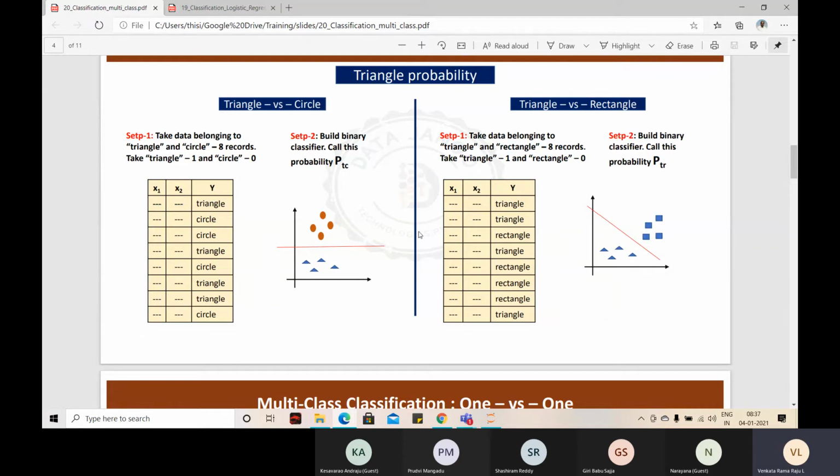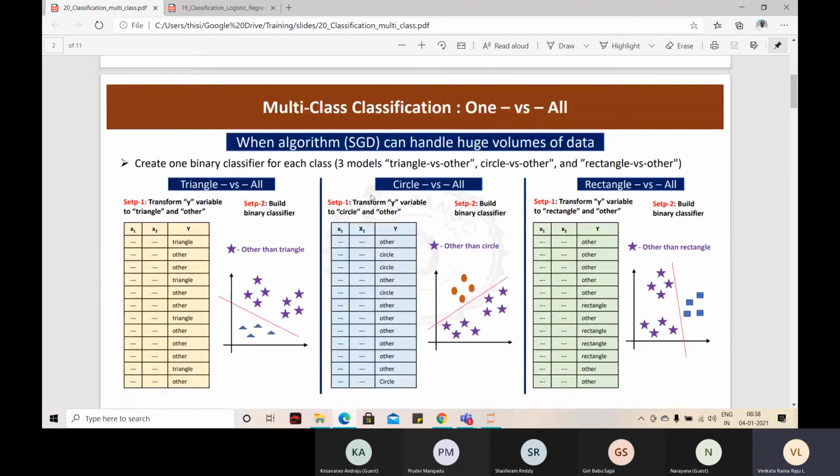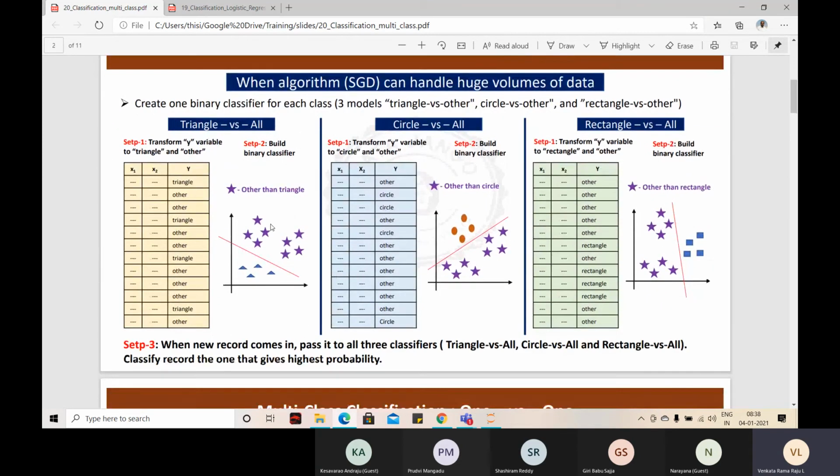In 1 versus all, for each class we built one model. Do you agree? 0 versus all, 1 versus all, 2 versus all, 3 versus all. We built 10 models only. But here, if you take the triangle example only, we built 3 models in total: triangle versus all, circle versus all, rectangle versus all.